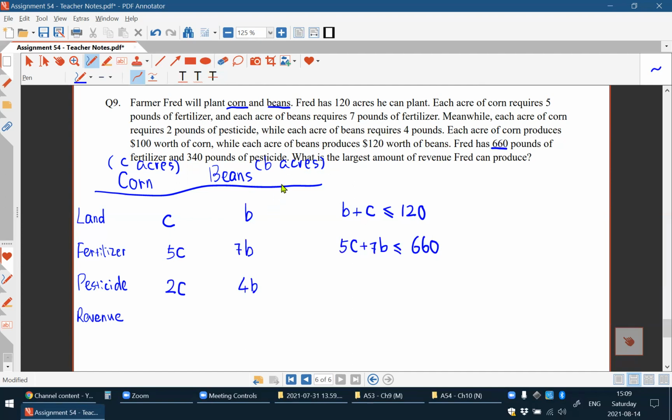That means B acres of beans need 4B total pounds of pesticide, right? So the total pesticide used should be 2C plus 4B, and this amount cannot exceed the maximum Fred has, which is 340, right? Can you follow me?